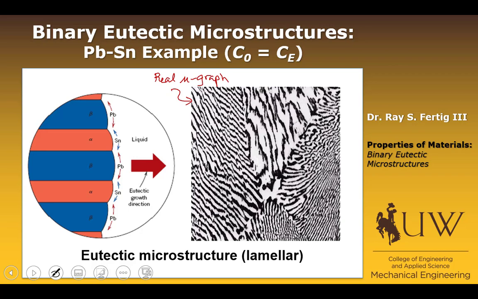We're actually melting, so we're sorry, we're not melting. We're trying to grow the solid into the liquid, and that requires, as we said before, lead, as shown here, diffusing into alpha, and tin diffusing into beta. So we're trying to do that. And the lamellar structure facilitates that diffusion path.